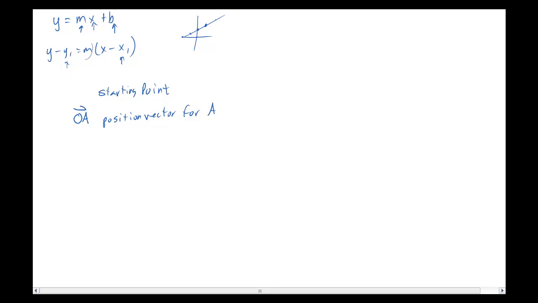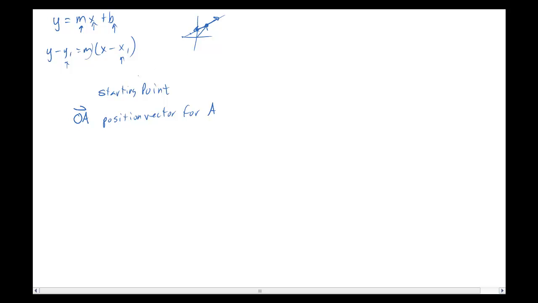That would tell us, okay, this is where we're starting. So that's one position on our line. Now from there, what we need to know is the direction, right? We need to know which direction we are going, and so that would then tell us how to go this way, how to go that way.